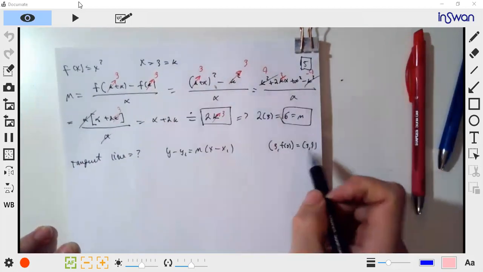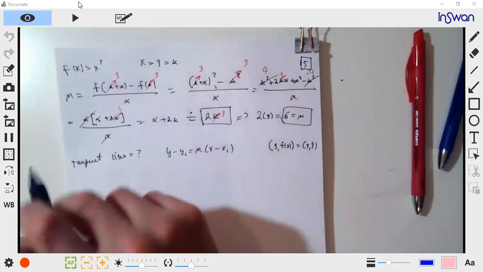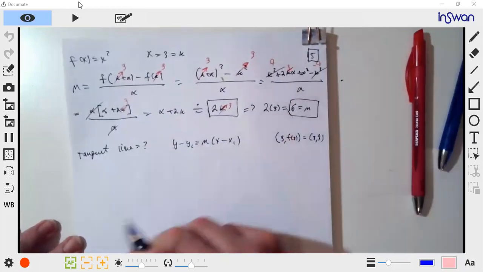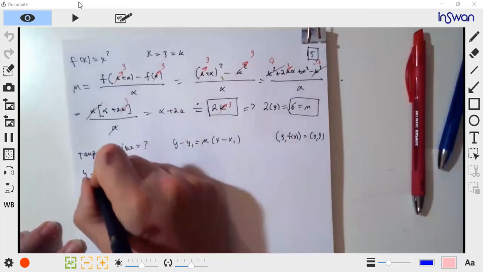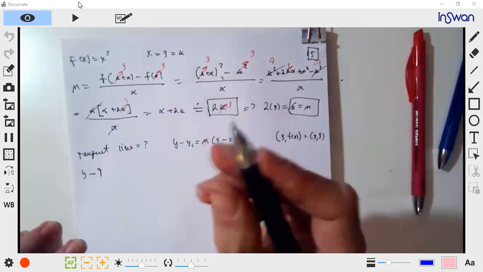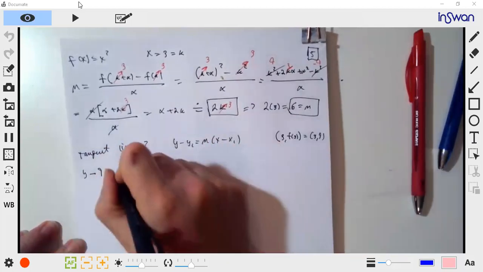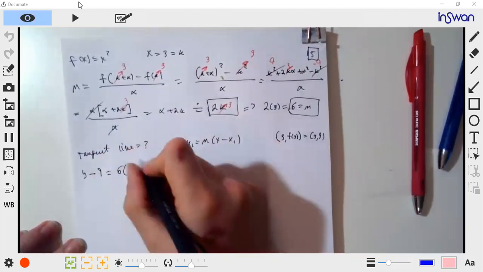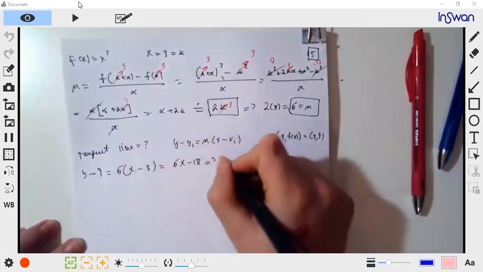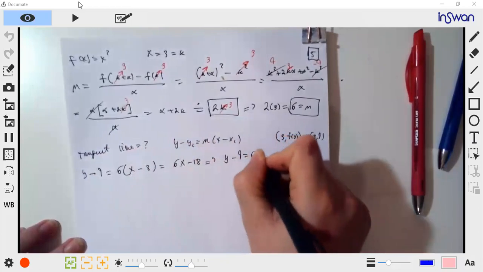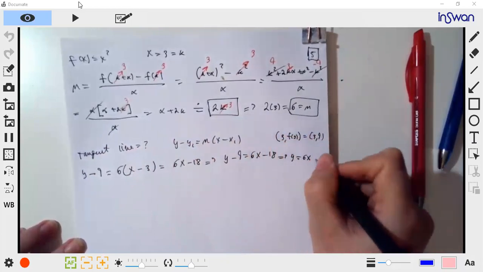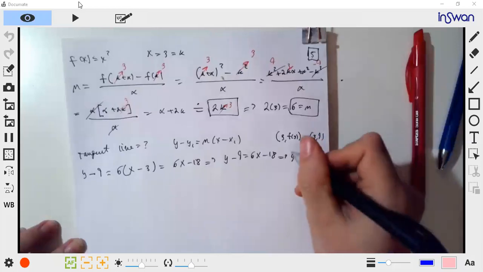When we plug 3 into this function and square it, it becomes a 9. So at that point we have the slope 6. We're going to use those values: y minus y1, which is a 9, is equal to 6 times x minus x1, which is a 3. So this becomes 6x minus 18. That implies we get y minus 9 is equal to 6x minus 18. That implies we got y is equal to 6x minus 9.